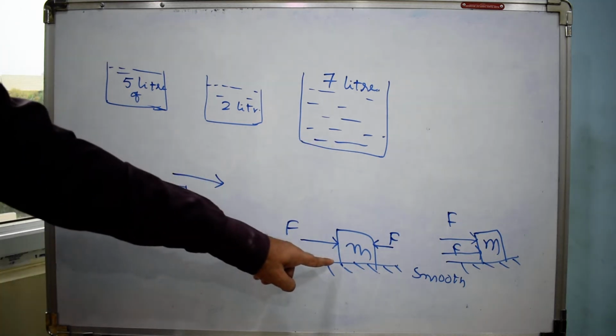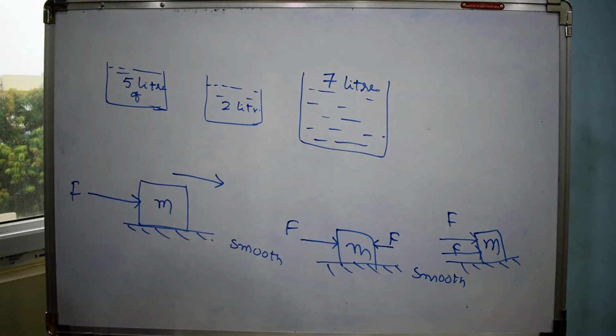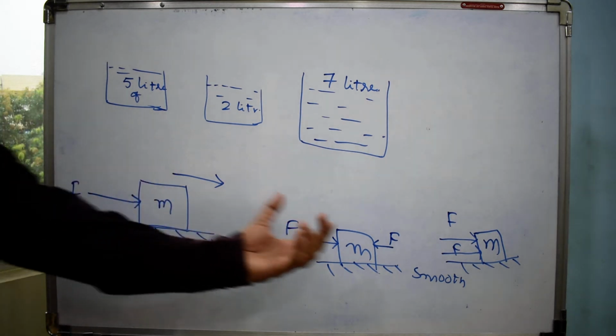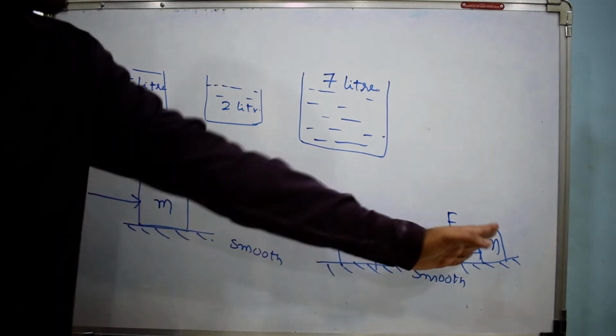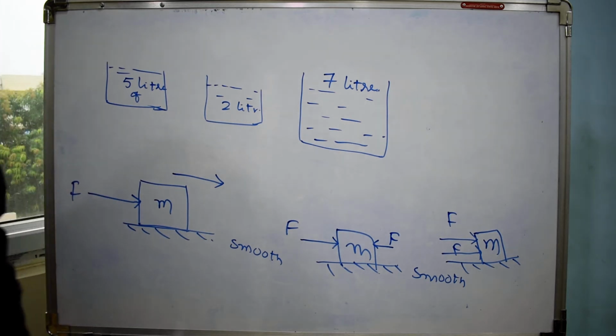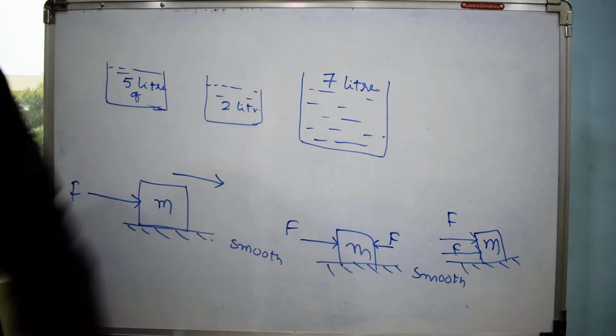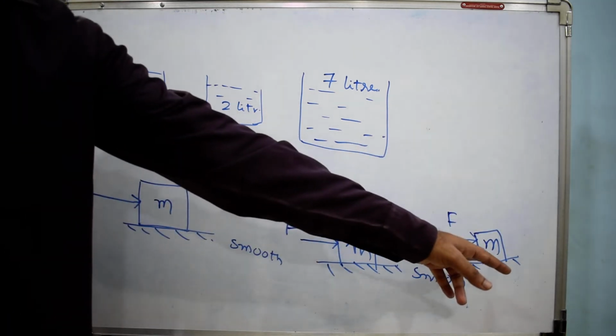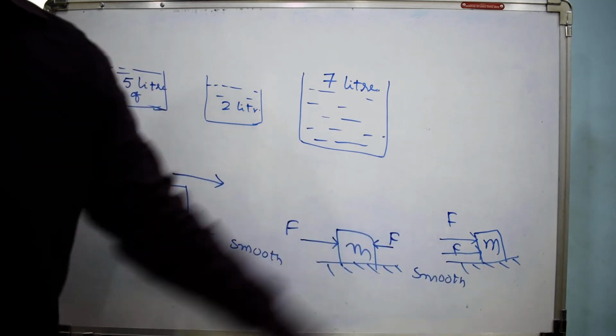So here, the direction of application of the force has changed the total result produced by these forces. Here it was at rest, but changing the direction produced a motion in the body.